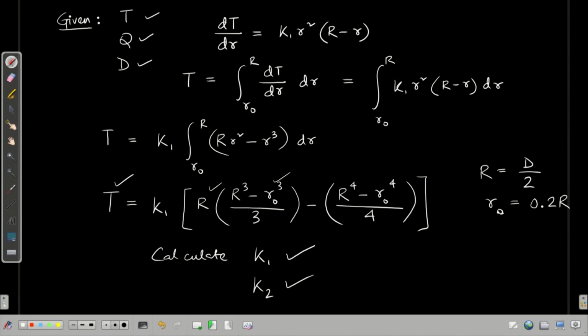Now, once we have calculated the two constants, we can go ahead for the next step, which is the calculation of the moments. Again, we will simply look at the moment for the thrust.